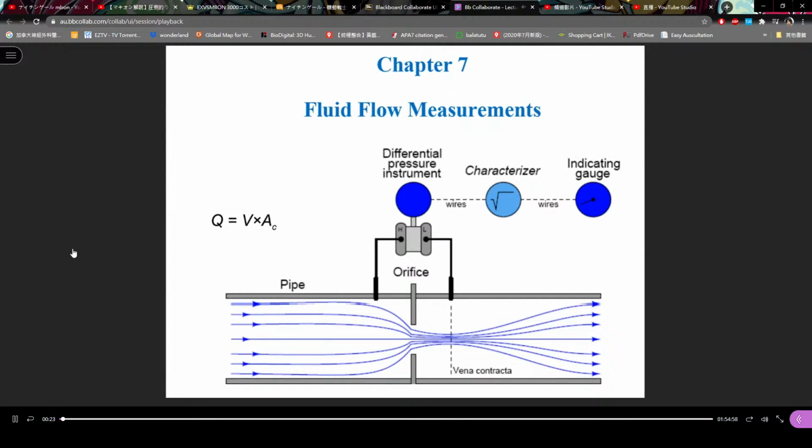If we don't consider friction loss, the energy loss due to friction in the fluid in the pipeline, then it is the Bernoulli equation. But for a real situation, we have to consider friction loss, and it is the energy equation.